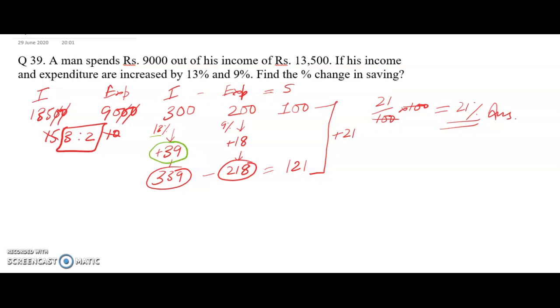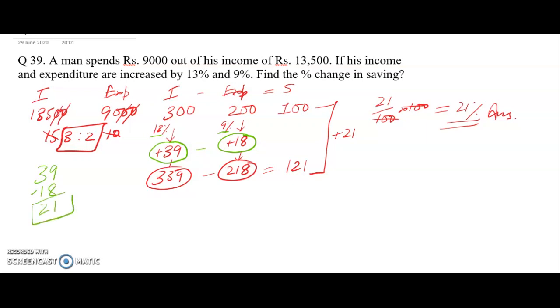This income has been increased by 39 units and expenditure has been increased by 9%. 9% of 200 is 18 units. Now if we see the difference of increase in income and expenditure, 39 minus 18 gives us 21.